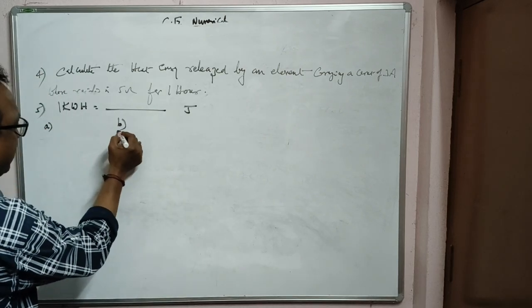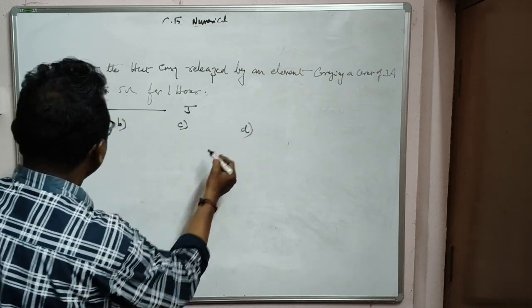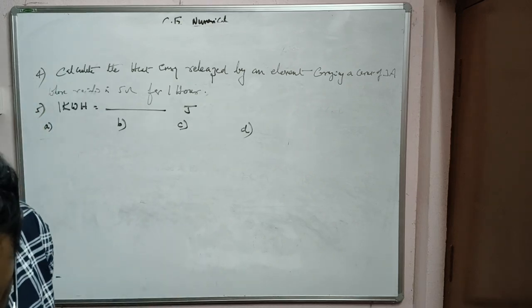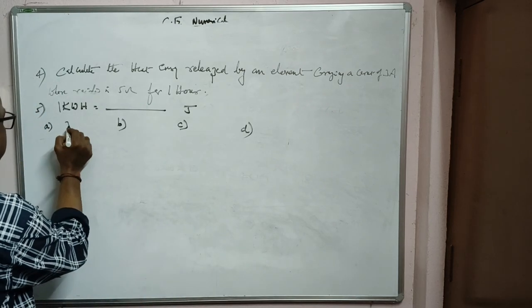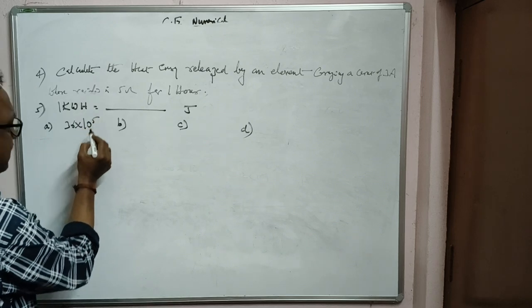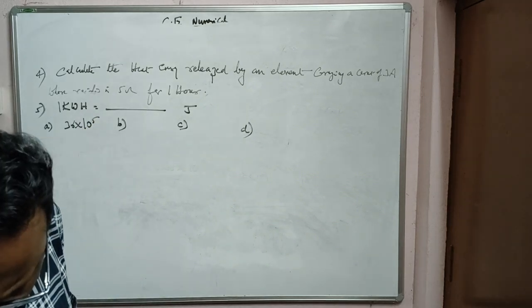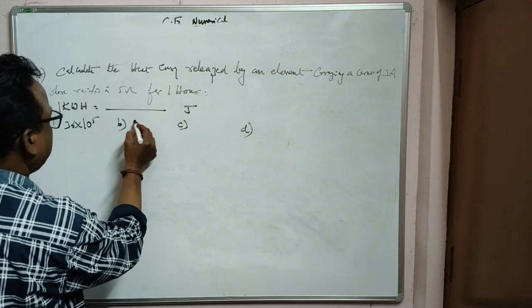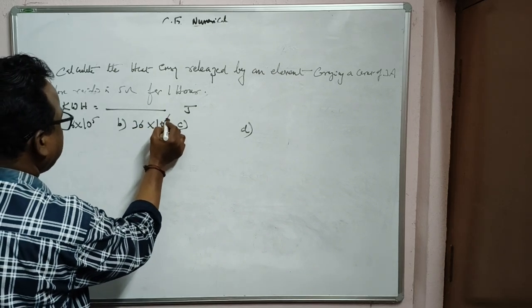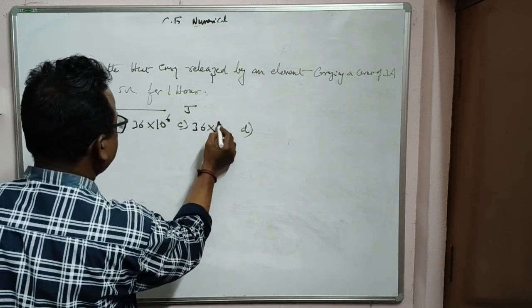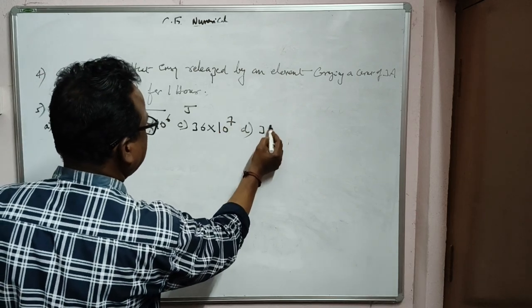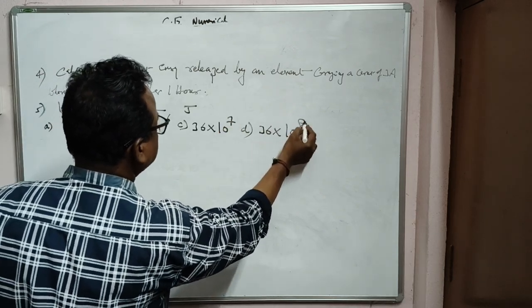The options are: A, 36 into 10 power 5; B, 36 into 10 power 6; C, 36 into 10 power 7; D, 36 into 10 power 8.